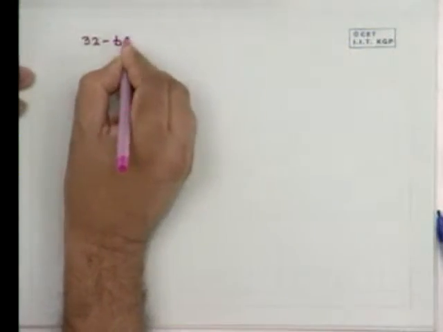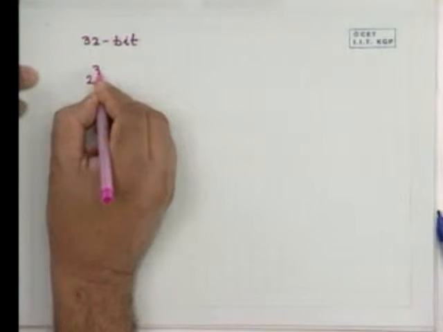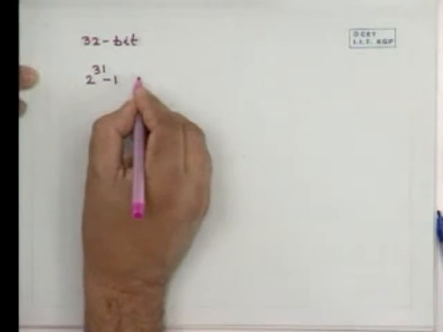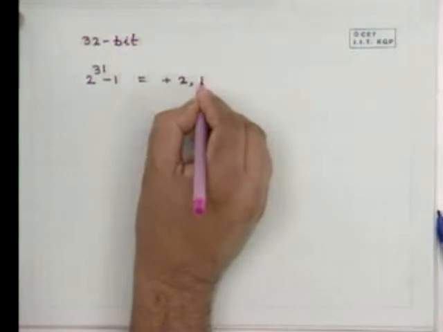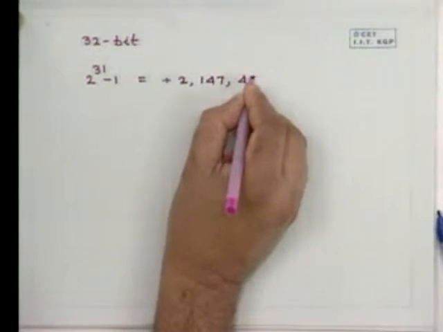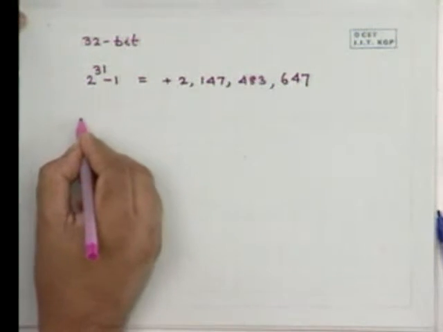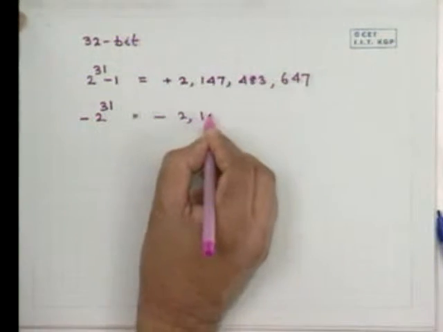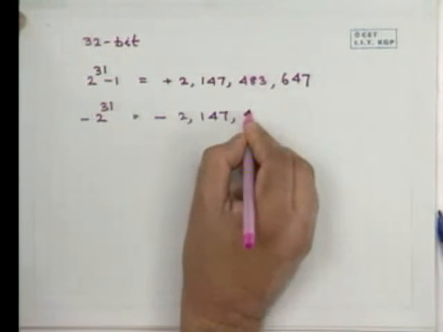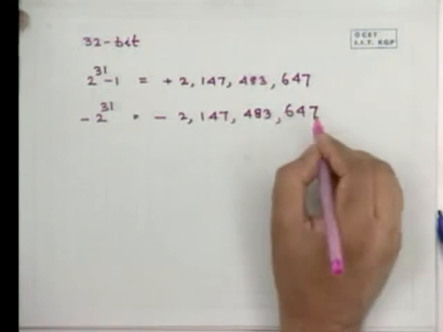In that case, for a 32-bit integer, we have 2 to the power 31 minus 1 as the maximum number, which is +2,147,483,647 on the positive side, and minus 2 to the power 31 as the maximum negative number that I can represent.